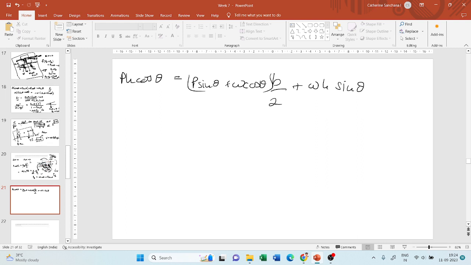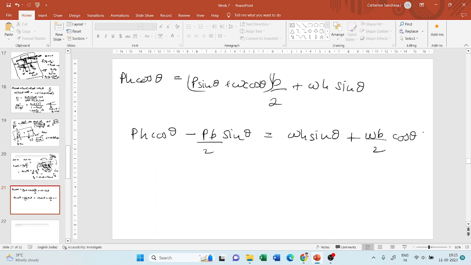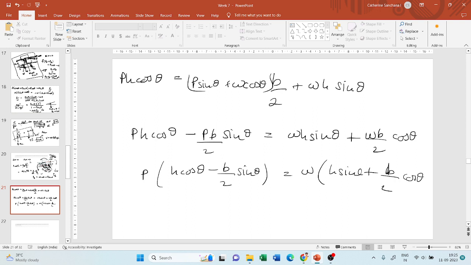Now I am going to group the forces. PH cos theta minus PB by 2 sin theta is equal to WH sin theta plus WB by 2 cos theta. So P into H cos theta minus B by 2 sin theta is equal to W into H sin theta plus B by 2 cos theta.